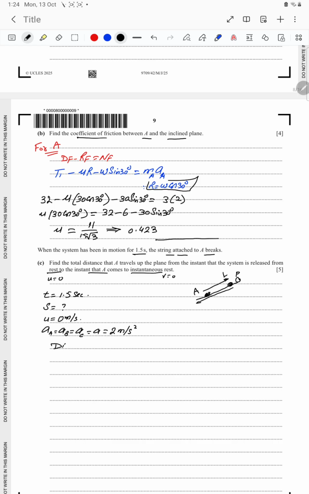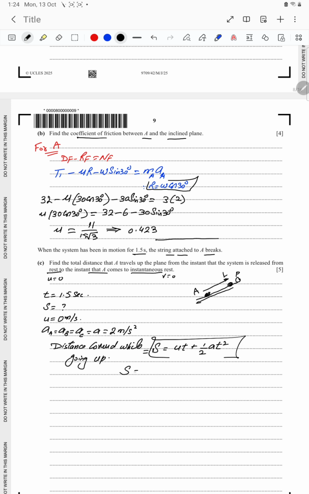So let's see how much distance is covered until the string breaks. The distance covered while moving up, s, is equal to ut plus half at squared. I can use this SUVAT equation.